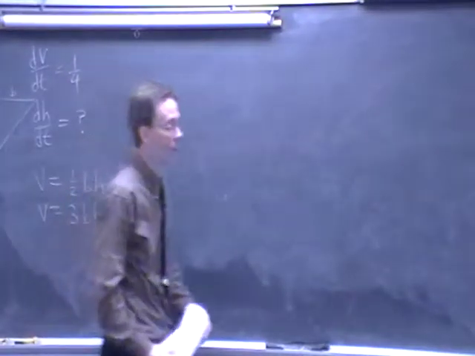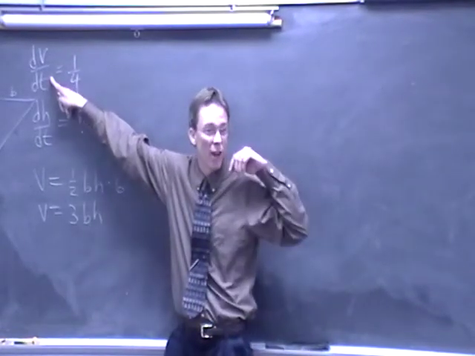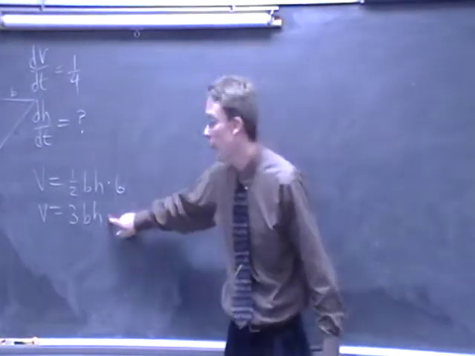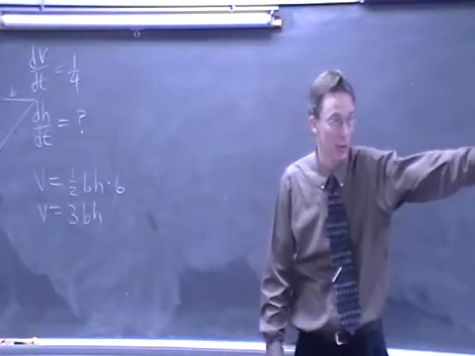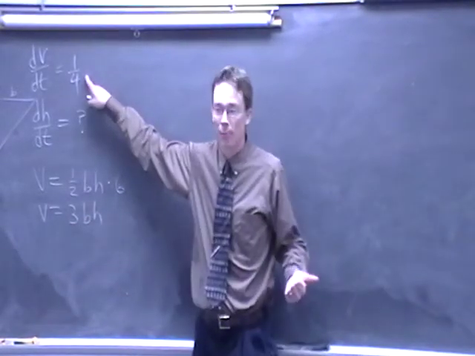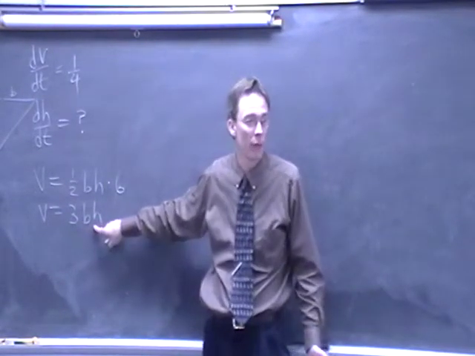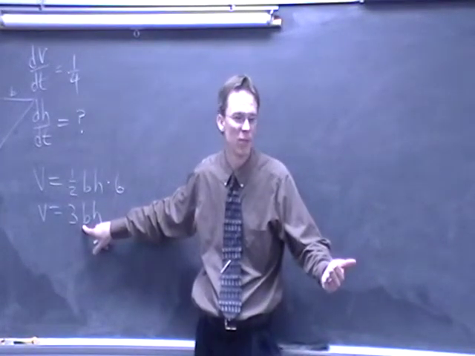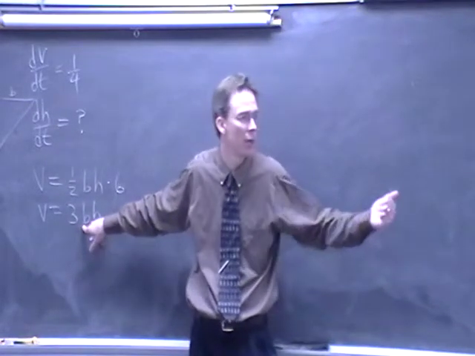Here's the thing. Eventually we have to differentiate volume, because we're working with the derivative of volume, and we want the derivative of height. If you differentiated this equation right now, the way it's written, you would have a dV over dt variable, which is not a problem, we have something for that. Then you'd have to run a product rule on this, which means you would have a b variable, which isn't a problem, because we found it over here.